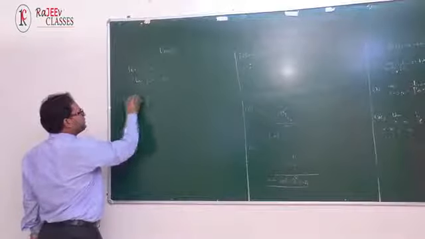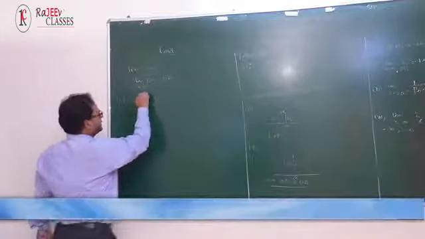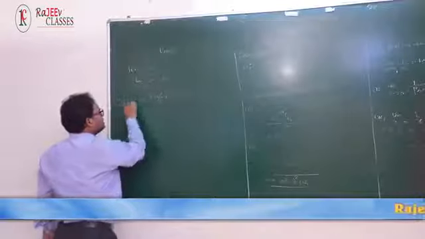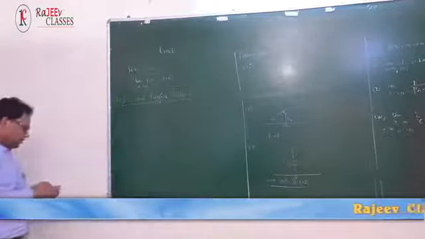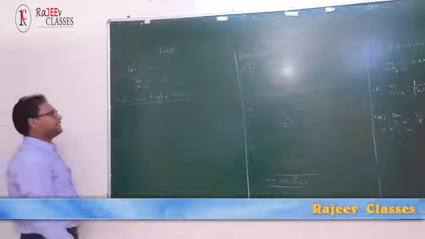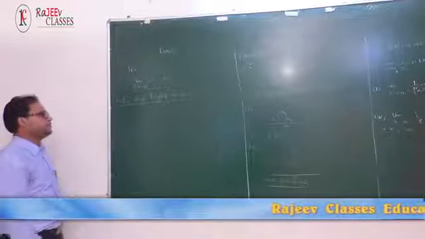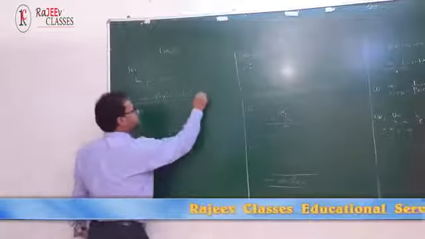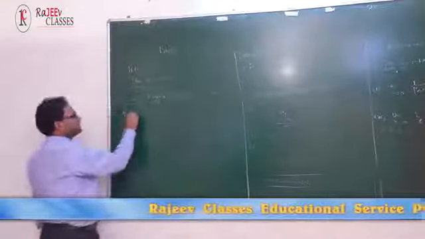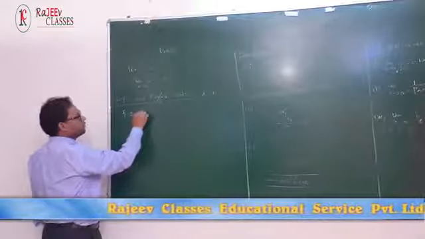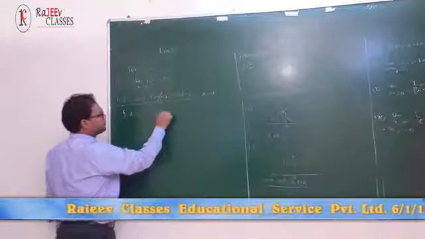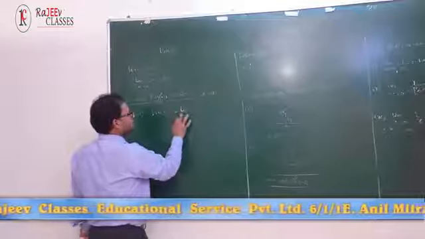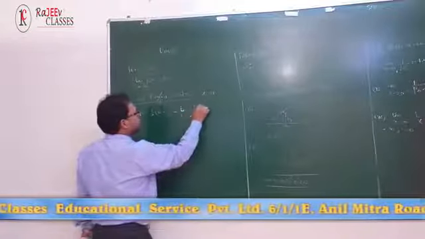Now the next point is left hand limit and right hand limit. Generally, the left tendency of a function is called the left hand limit and the right tendency of the function is called the right hand limit. Now, when we consider the point x is equal to a, the left hand limit is written as f(a minus 0) or simply f(a minus), and it is defined as limit h tends to 0, f(a minus h).